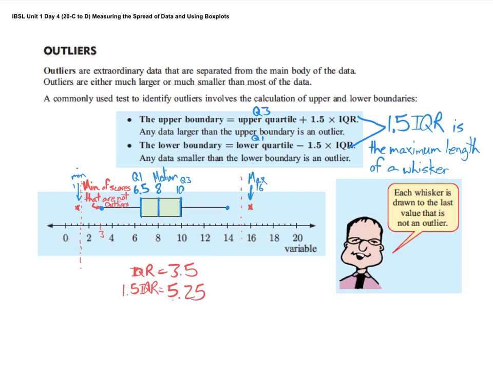So again, you draw this whisker to that value there. This is the max of the scores that are not outliers.